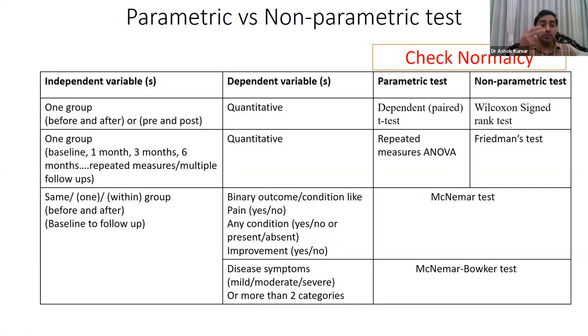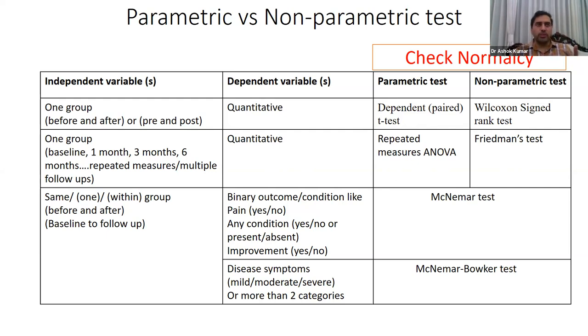But if it is repeated more than 2 times, then if the quantitative dependent variable is normally distributed, we should go for repeated measures ANOVA, or if it is not normally distributed, we should go for the Friedman test. So you can remember this situation.